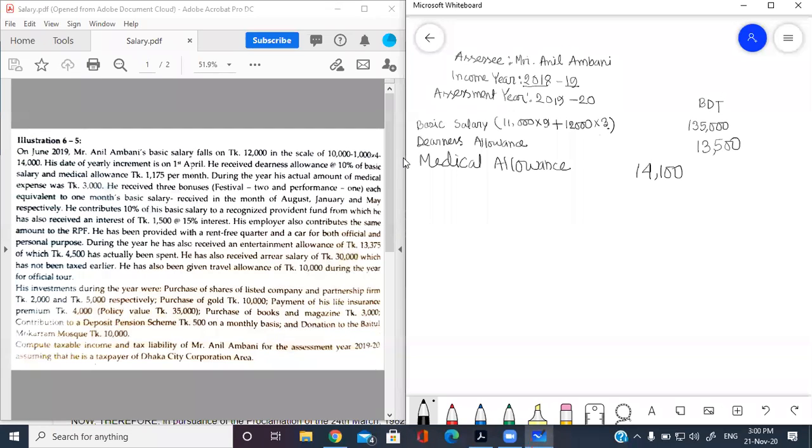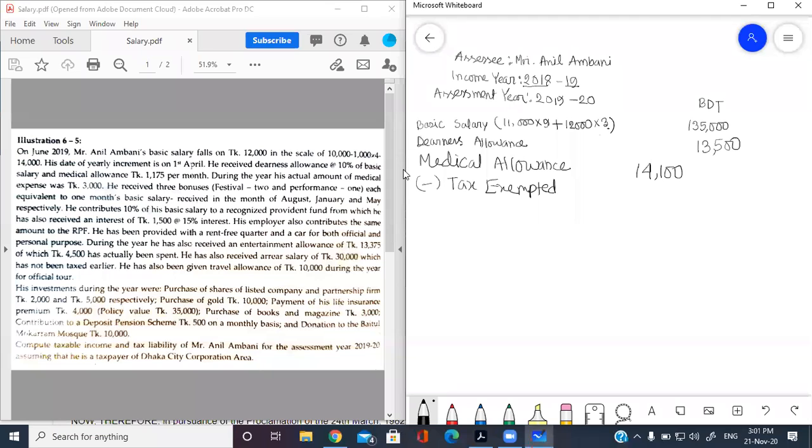Then we need to find out how much will be tax exempted. So can anyone remind me what is the rule given in the tax ordinance regarding the tax exemption of medical allowance?